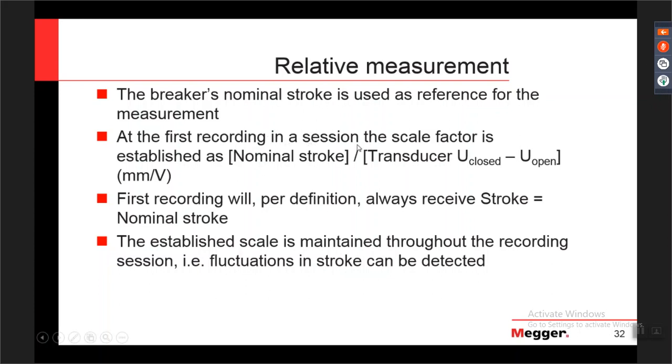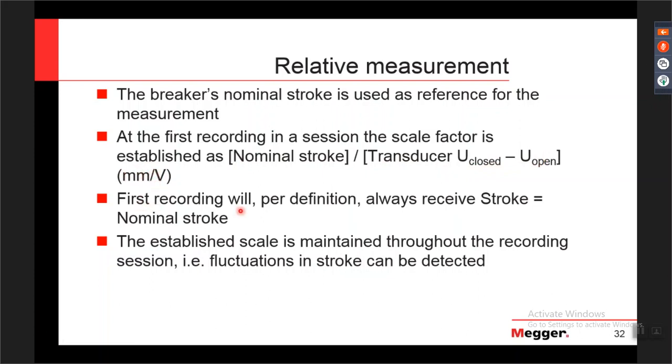So in the first recording session, the scale factor is established. It takes the nominal stroke, which is the stroke that you put in your breaker definition in the software, and divides it by the difference in voltage you have between the closed position of the breaker and the open position. And then it establishes this scale factor, millimeter per volt.